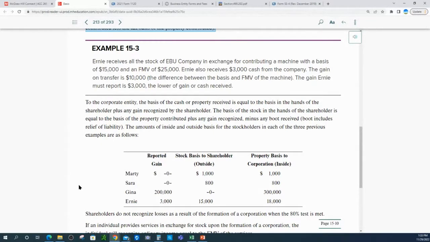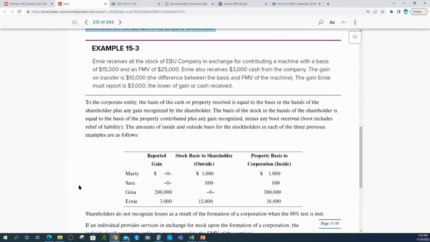Okay, so his basis is going to be the $15,000. He also receives $3,000 cash from the company. So Ernie gave a machine. Ernie received stock and $3,000 of cash. Kind of sold that machine to the company, but he's getting stock in the deal.